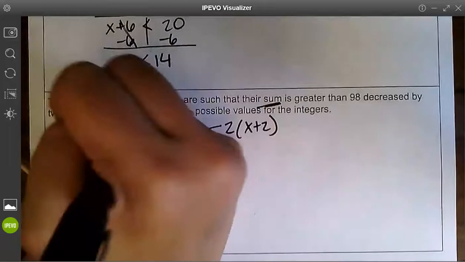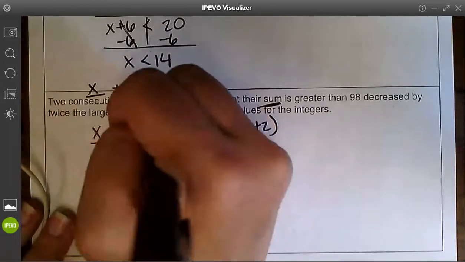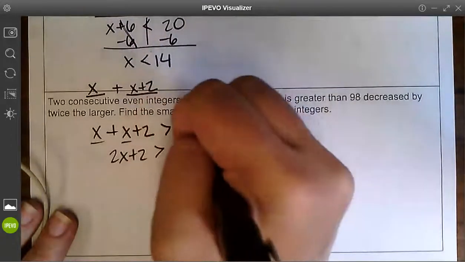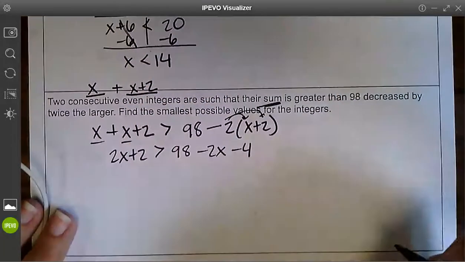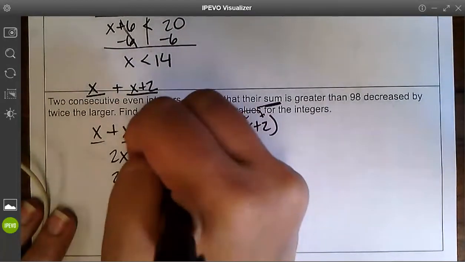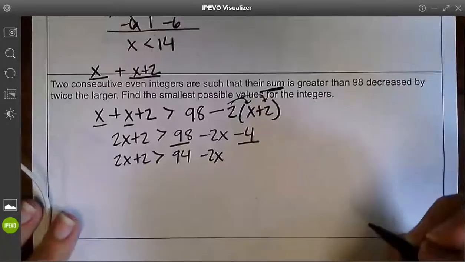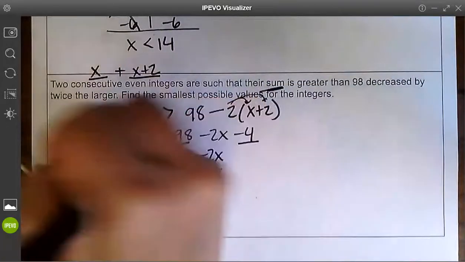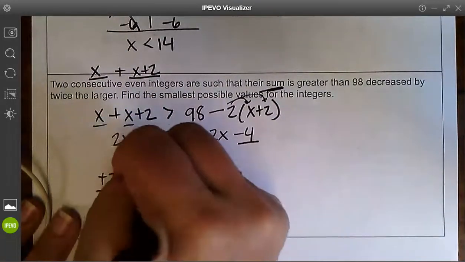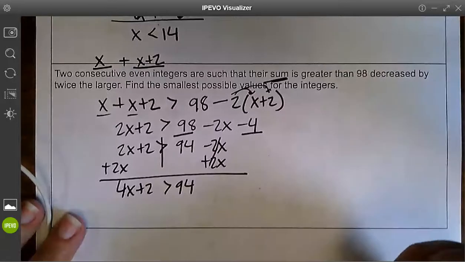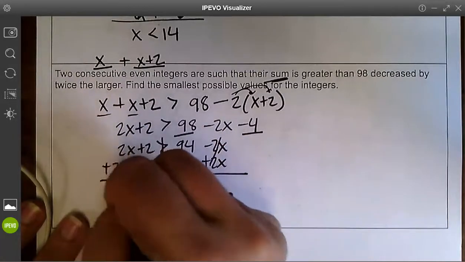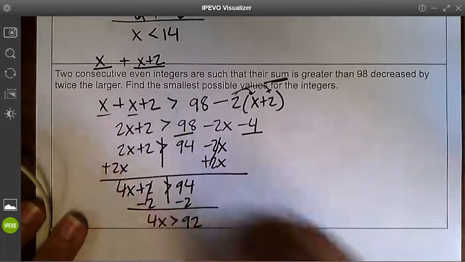Combine my like terms on this side. I get 2x plus 2 is greater than, I'm going to distribute my negative 2 here, 98 minus 2x minus 4. Combine my like terms. 2x plus 2 is greater than 94 minus 2x. Add my 2x to both sides. I get 4x plus 2 is greater than 94. Subtract 2 from both sides. 4x is greater than 92.